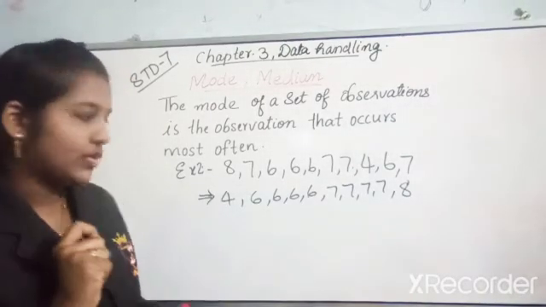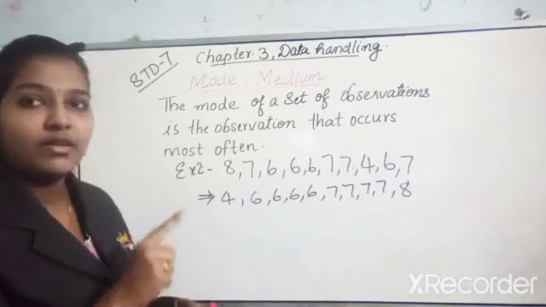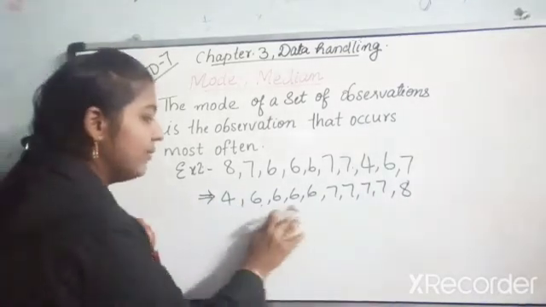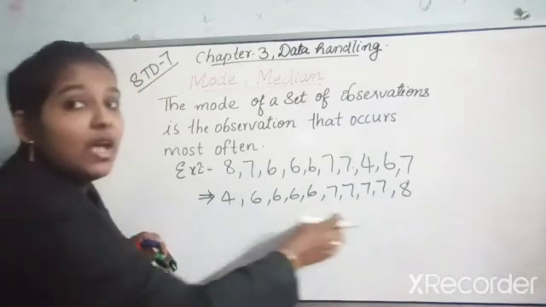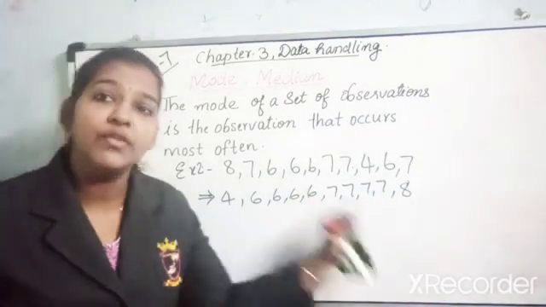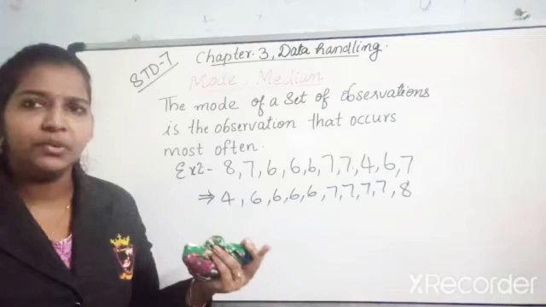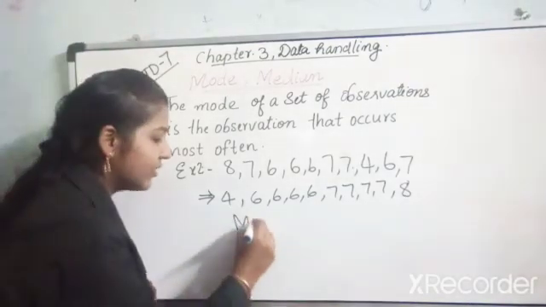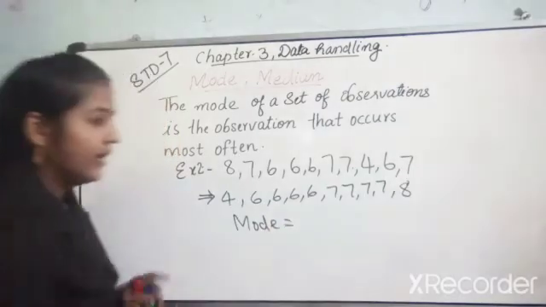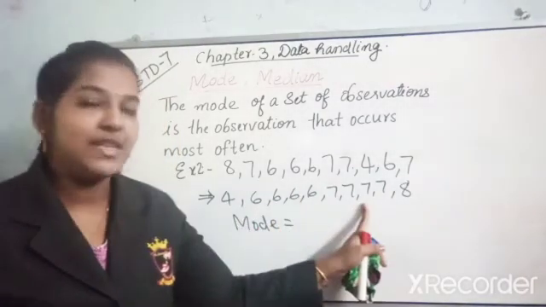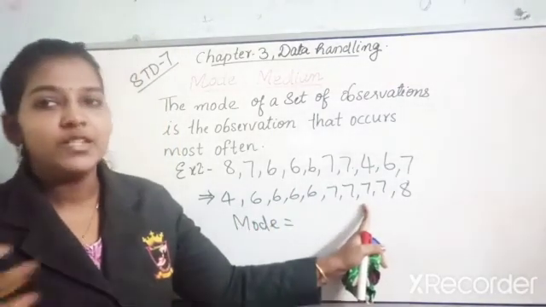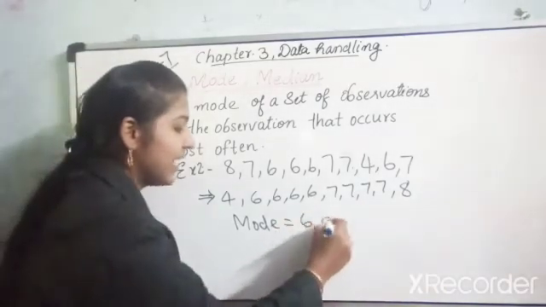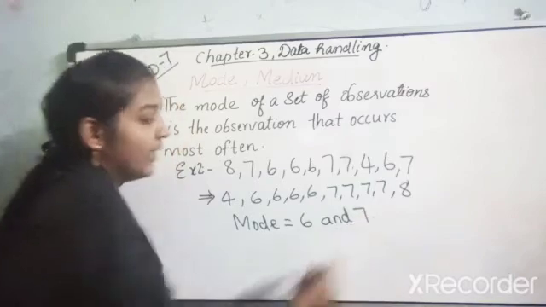Now you have to check which number is repeating most. Here you can see that the number 6 is repeating 4 times and number 7 is also repeating 4 times. So what to do? Here you can write mode is equal to 6 and 7, because both are repeating the same number of times.